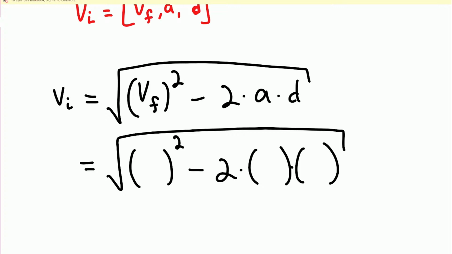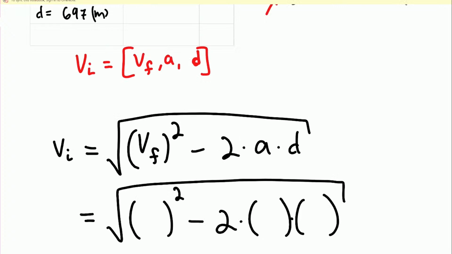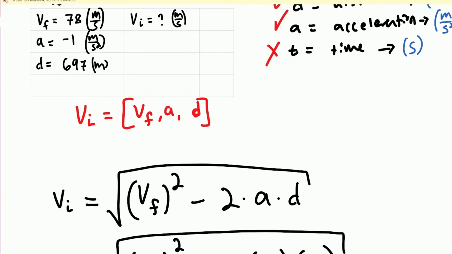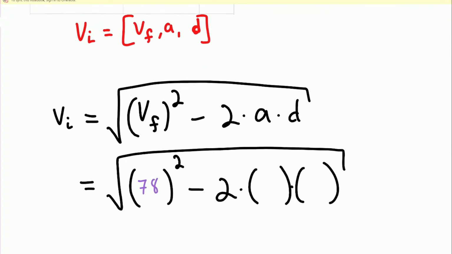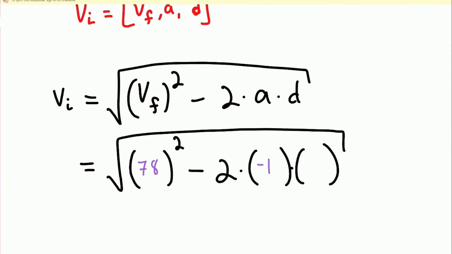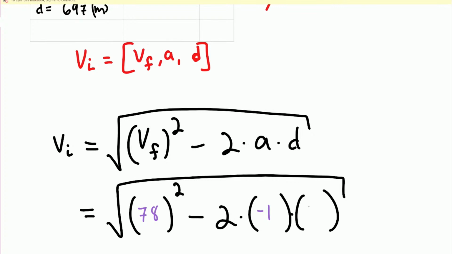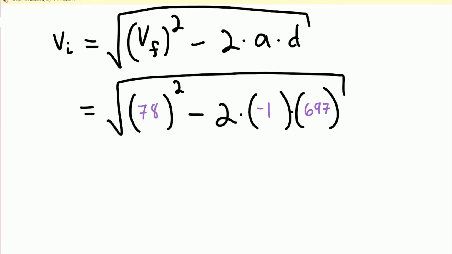So what we're gonna do is I'm gonna plug in the numbers. My final velocity was 78. My acceleration was -1, and my distance was 697. So what I'm going to do is I'm going to rewrite this.